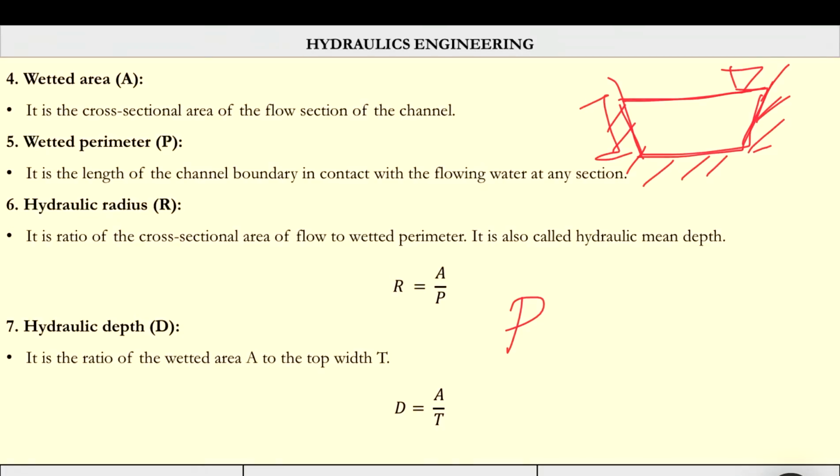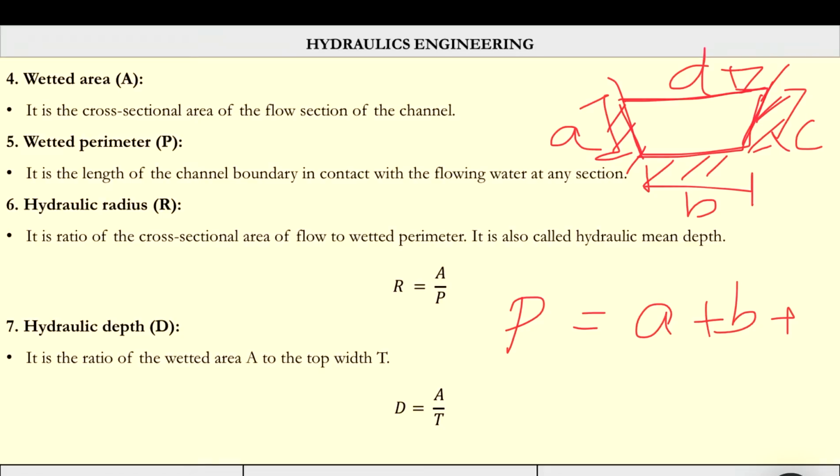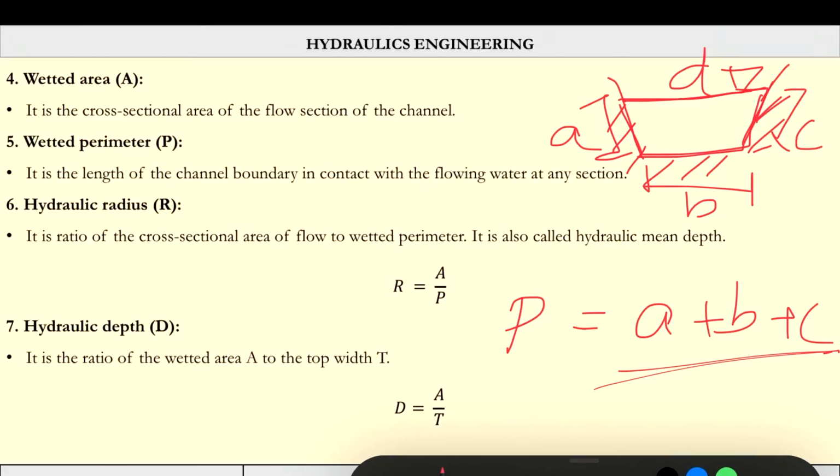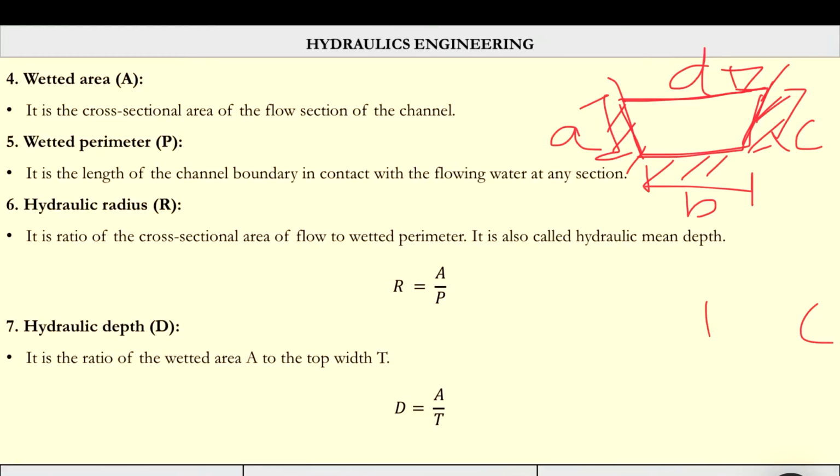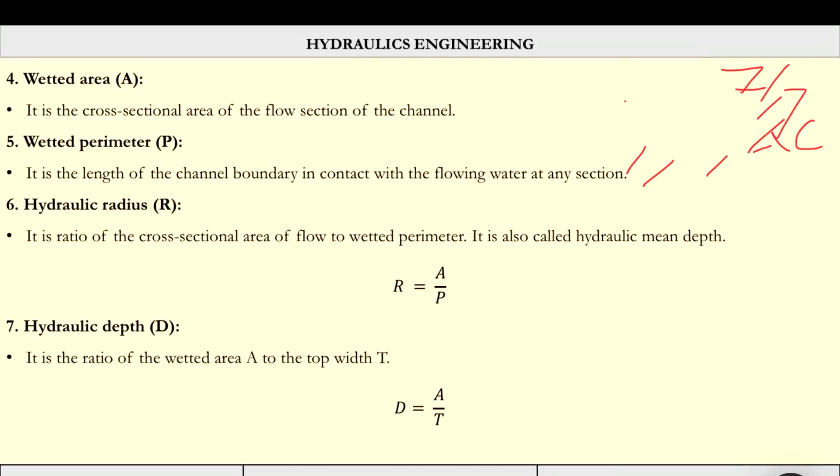So we will see this length plus this length plus this length. If the sides are A, B, C and D, then P will be A plus B plus C only. We will not count D. You have to be very careful: perimeter is different from wetted perimeter.